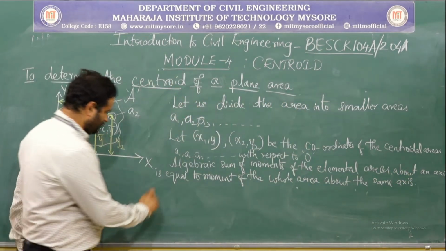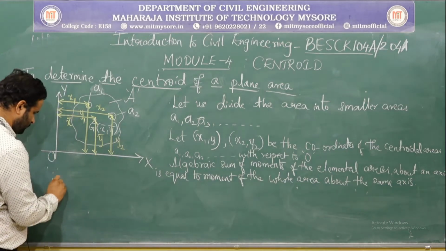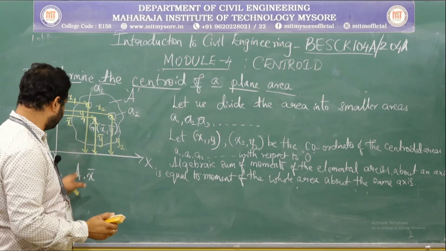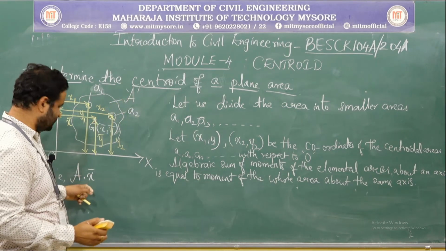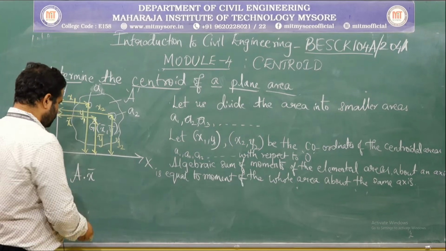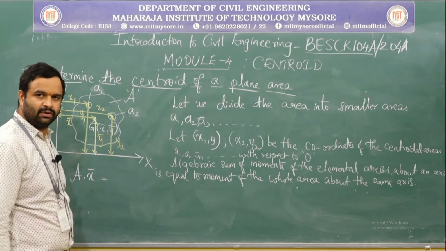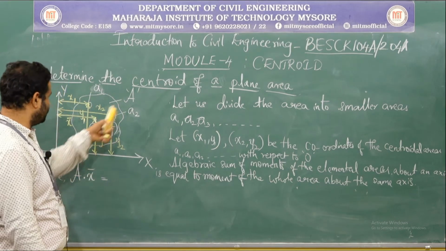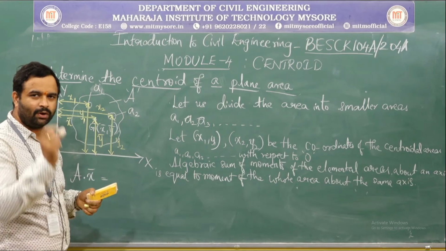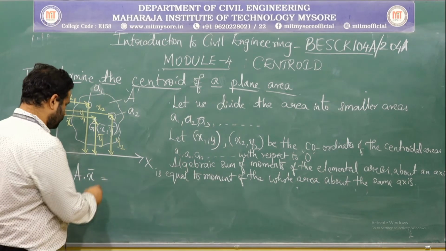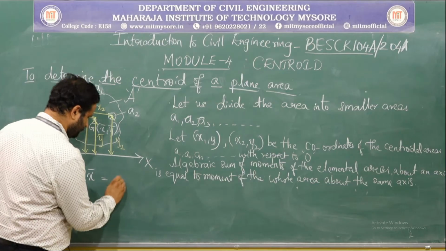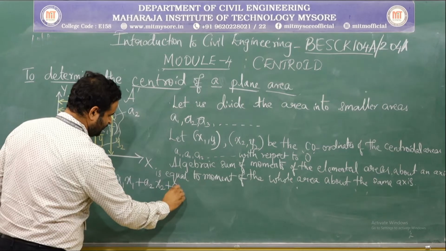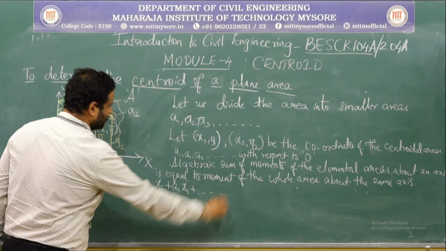That is, A into x bar, the product of the area and its x component x bar, is equal to, where capital A is the area of the entire component and small a1, small a2 are the smaller elemental areas, a1 x1 plus a2 x2 plus a3 x3 plus etc.